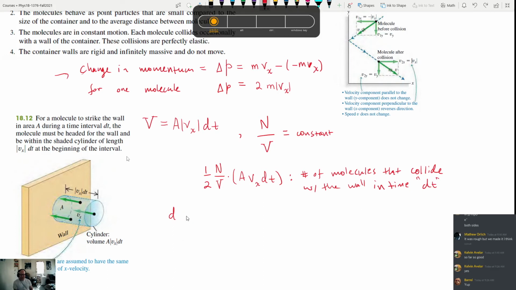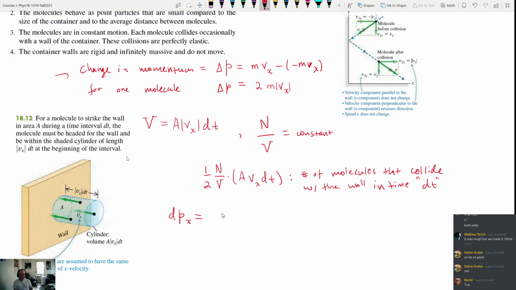So dpx should be equal to the number of molecules, so we'll just copy paste this down. That's the number of molecules in the volume. We multiply by the change in momentum per molecule, right?